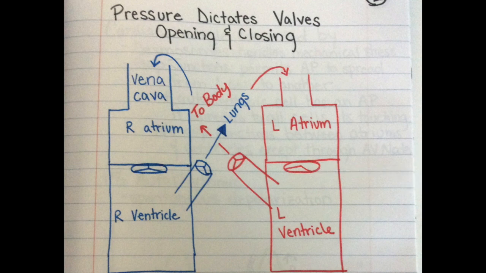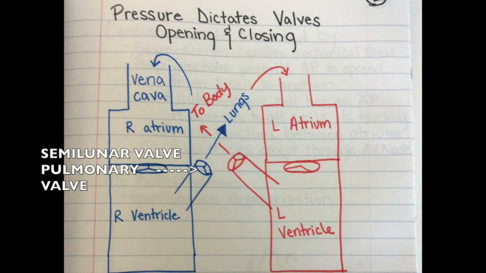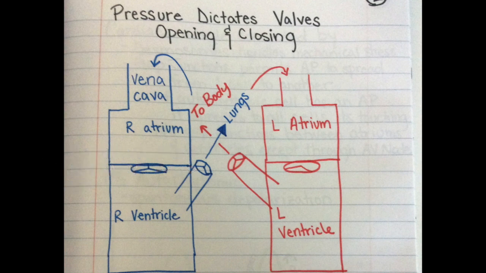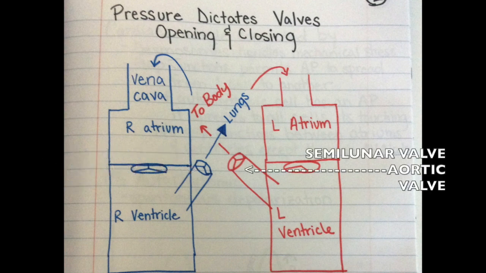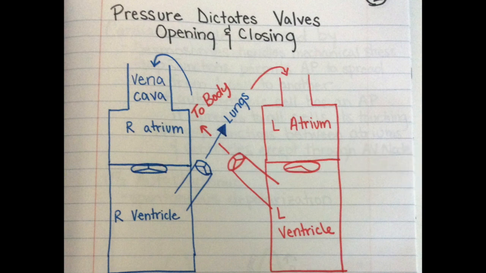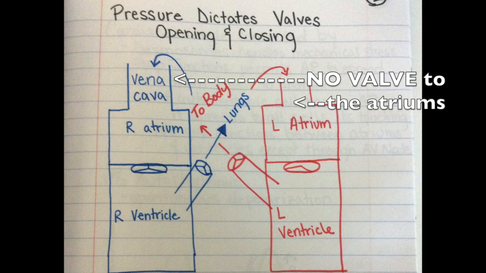In between the right ventricle and the pulmonary system is the pulmonary valve. In between the left ventricle and the systemic system is the aortic valve. There is no valve from the systemic system leading to the right atrium, and there is no valve between the pulmonary system and the left atrium.